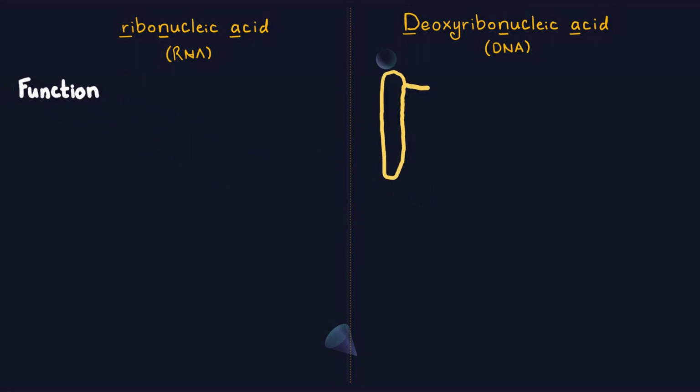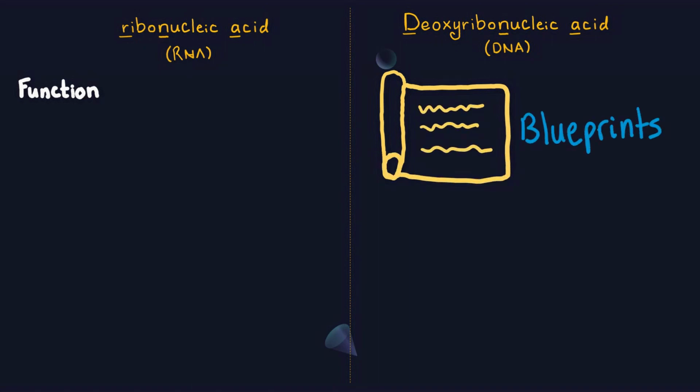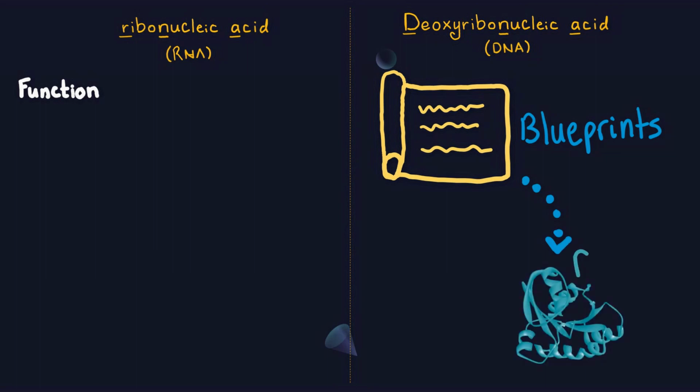DNA functions as a blueprint for the synthesis, or the making, of proteins, which is very important because proteins are what I like to call the doers and determiners in an organism. Proteins have a lot of roles in the cell, and they're largely responsible for determining how we grow, develop, look, and reproduce.